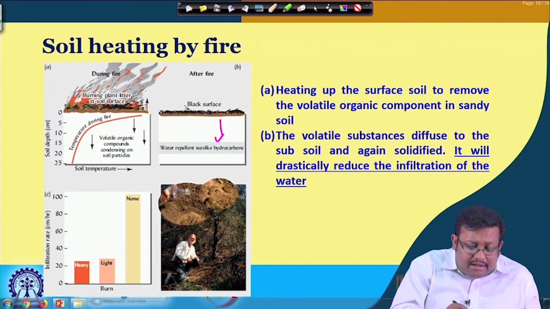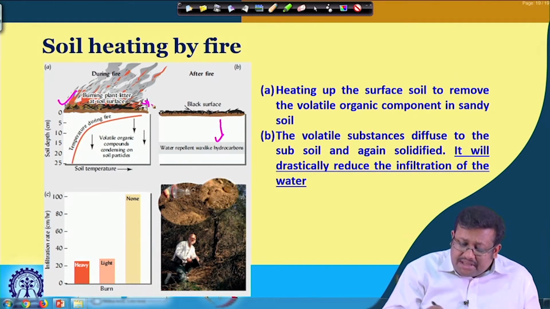You can see that this is a burning of plant litter at the surface. As a result, the soil temperature increases, and whatever volatile compounds are at the top of the surface will diffuse to the subsoil and again solidify.